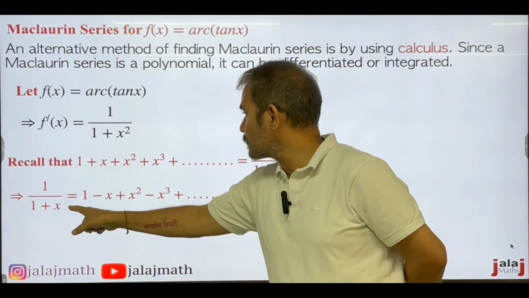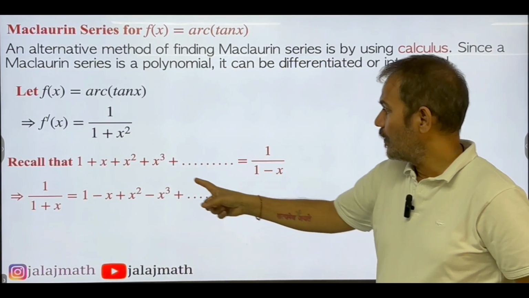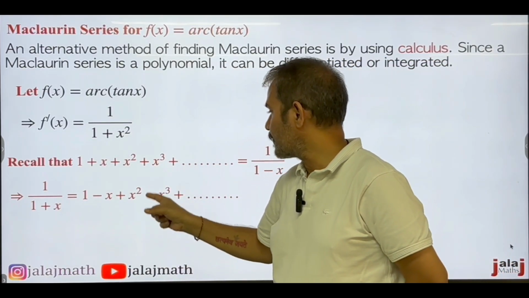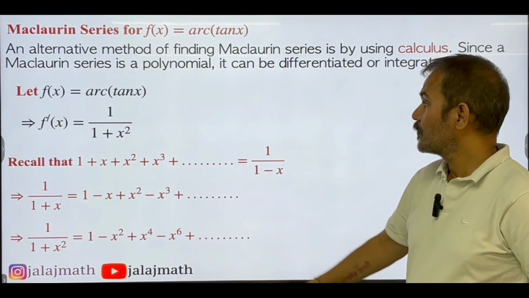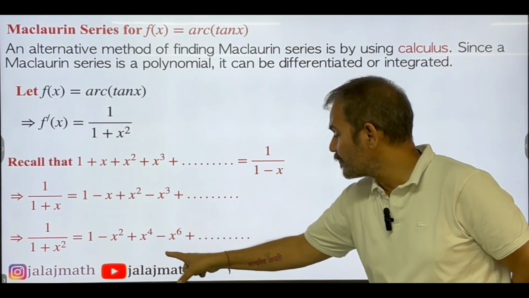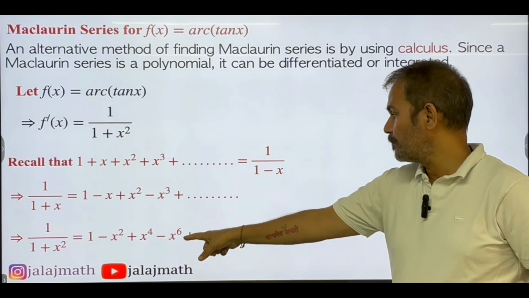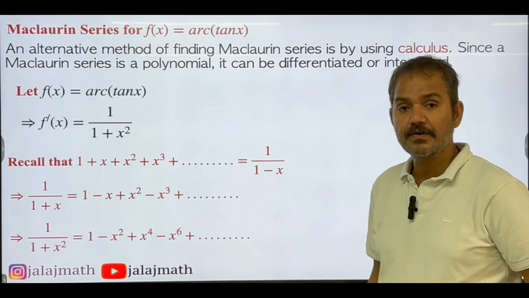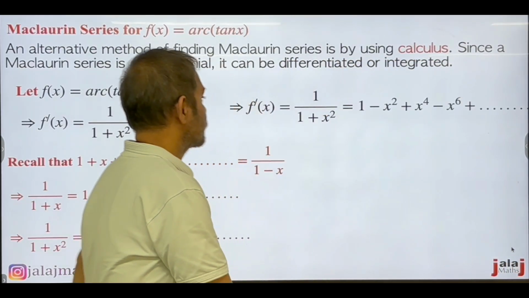When x becomes x squared, what do you get? 1 minus x squared plus x to the 4 and so on and so forth. So this 1 over 1 plus x squared, you replace by 1 minus x squared plus x to the 4 minus x to the 6 and so on, this is how it looks.